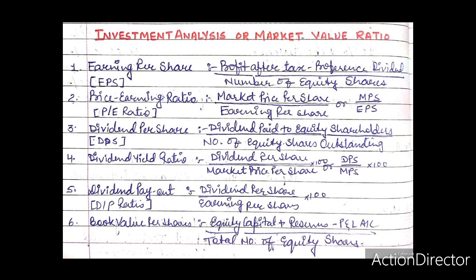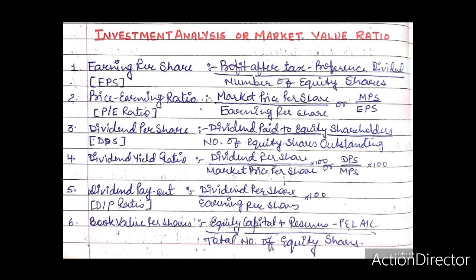The next ratio is book value per share, meaning and computation. This ratio indicates the net worth per equity share. It is calculated as equity capital plus reserves minus P&L account after depreciation divided by total number of equity shares. The book value is a reflection of past profits and dividend policy of the company.